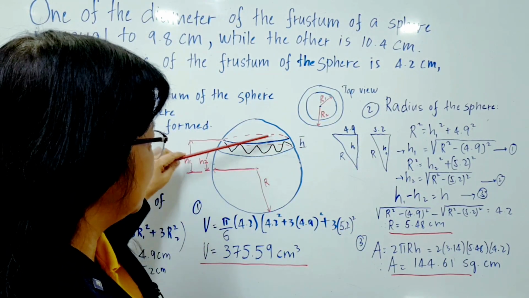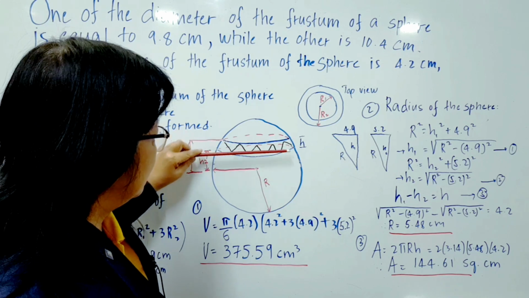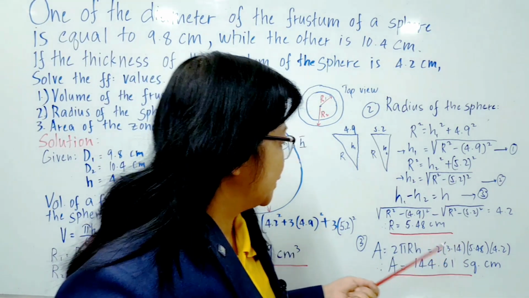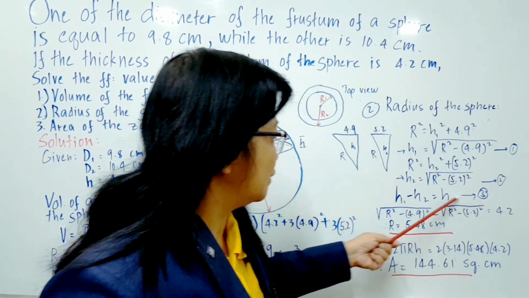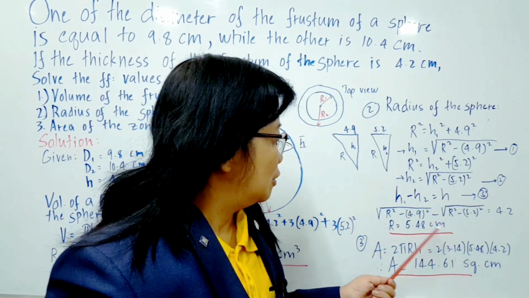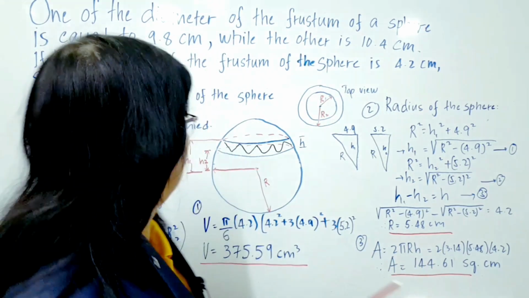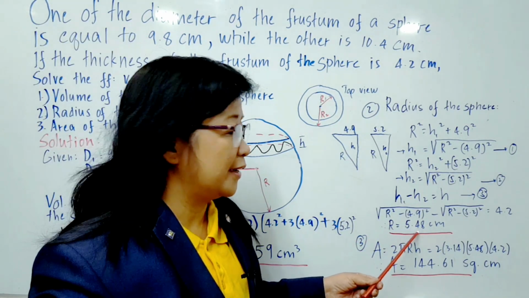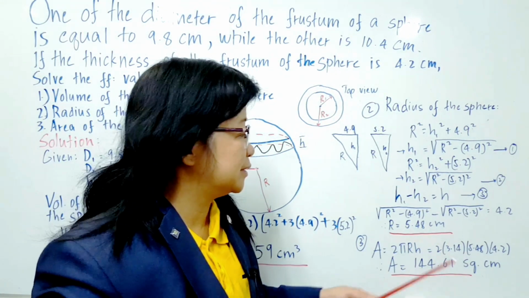From here to here is equal to h, which is 4.2. Therefore, simplifying this will result in the radius of the sphere being equal to 5.48 centimeters.